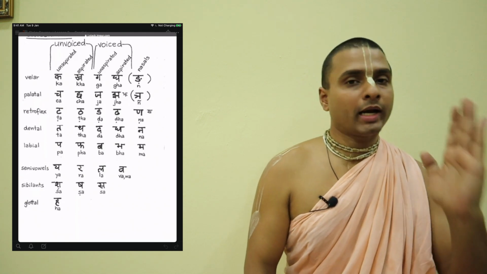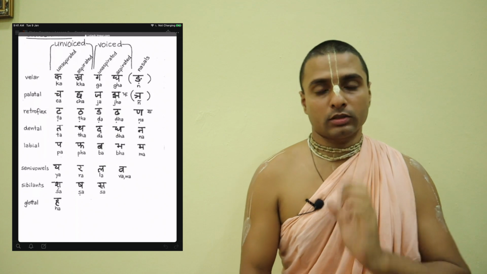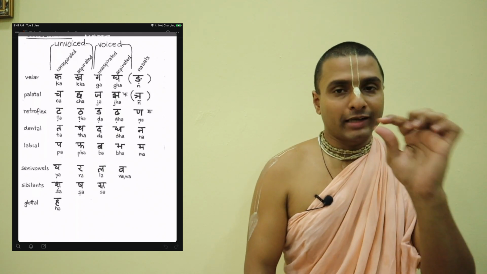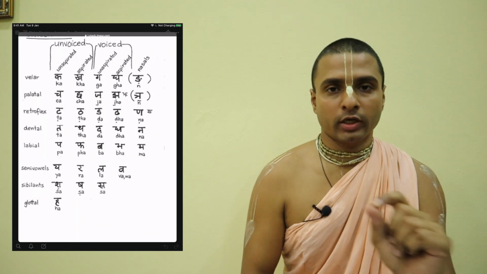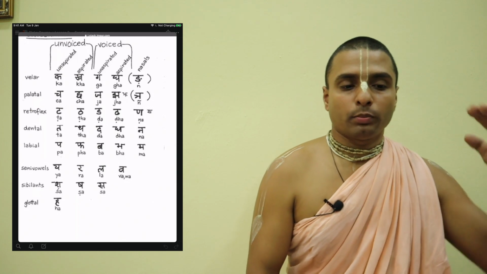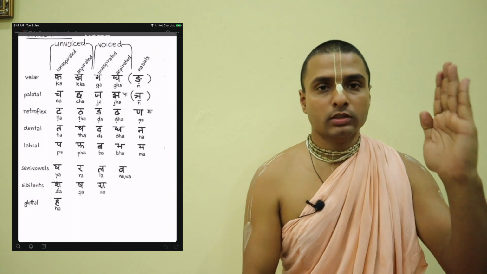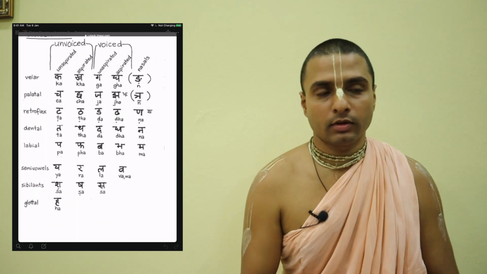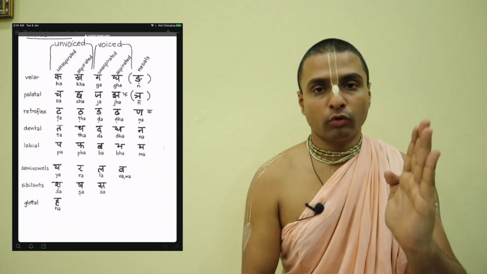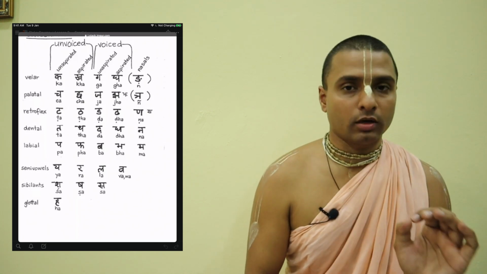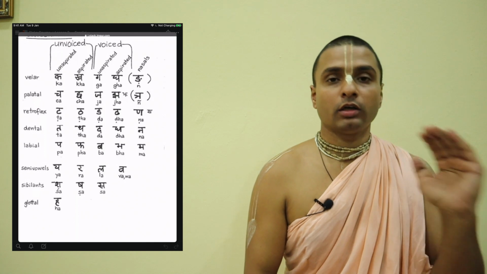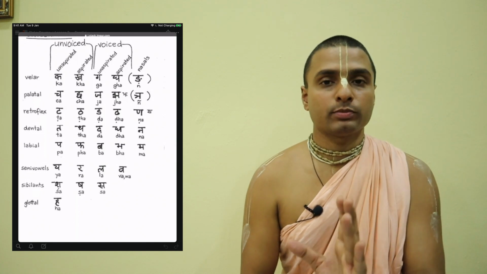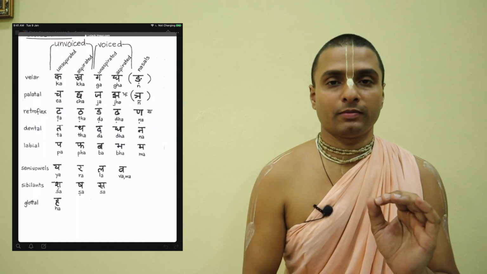So we have unvoiced unaspirated, and unvoiced aspirated. Palatal, unvoiced, unaspirated is cha. Palatal, unvoiced, aspirated is chha. And palatal, voiced, unaspirated is ja.